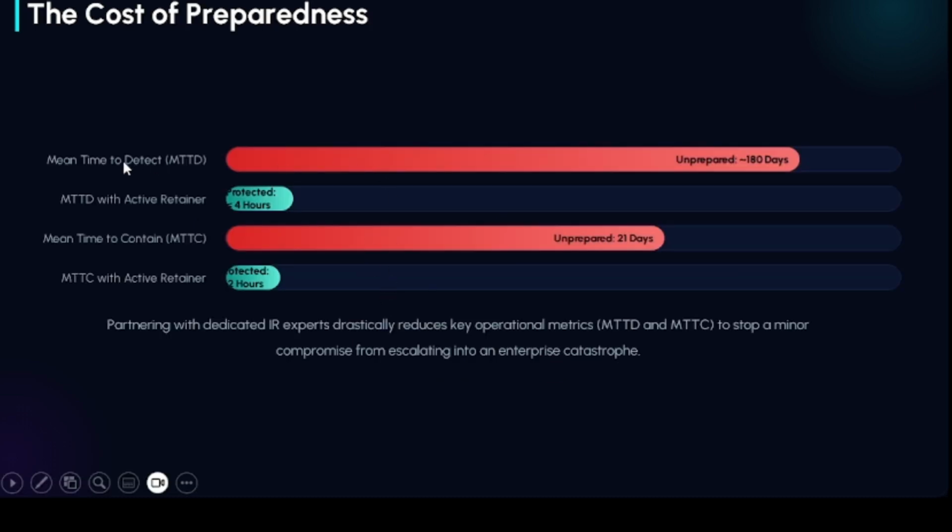If you're not prepared, mean time to detect an attack is running approximately 180 days, give or take. If you have an active retainer and you've taken preparation steps, you're looking at about 4 hours. Big difference. Mean time to contain, if you're not prepared, up to 21 days. I've been on some cases where it was over a month.